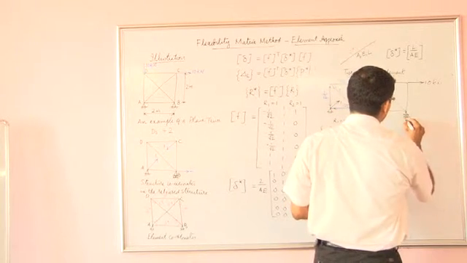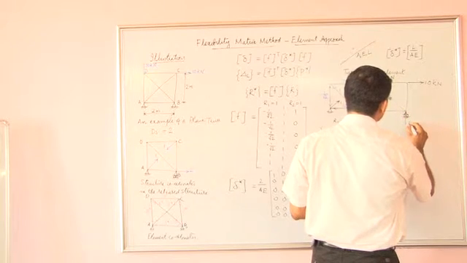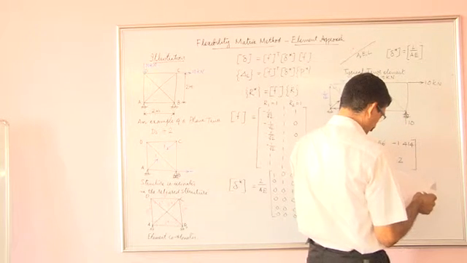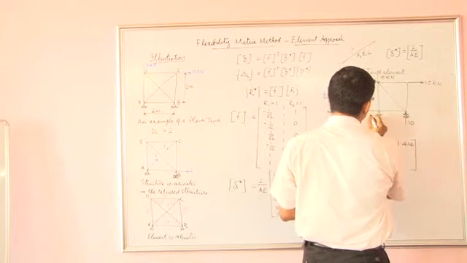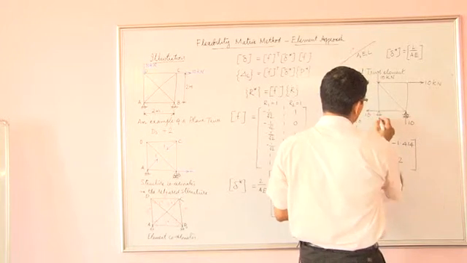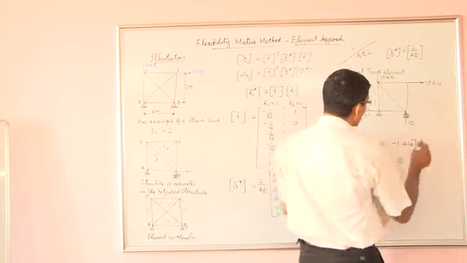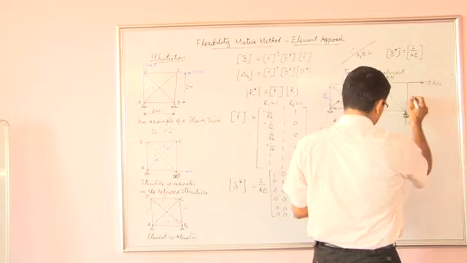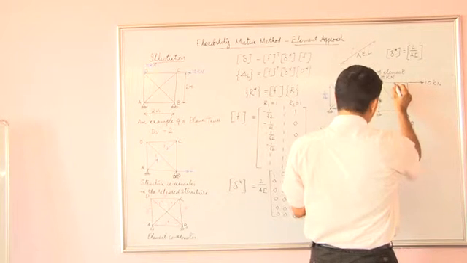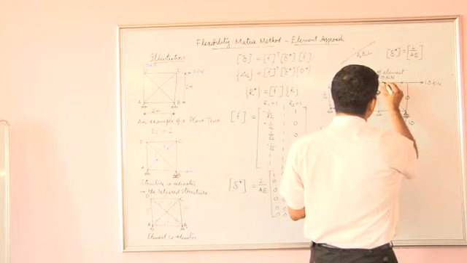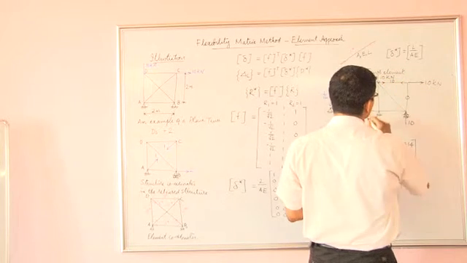the reaction here is equal to 10. The reaction here horizontal is equal to 10. The vertical reaction is equal to 0. Now this force is 0. This force will be tensile 10 kN.